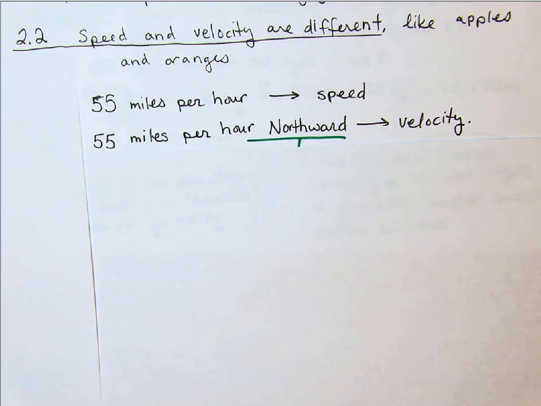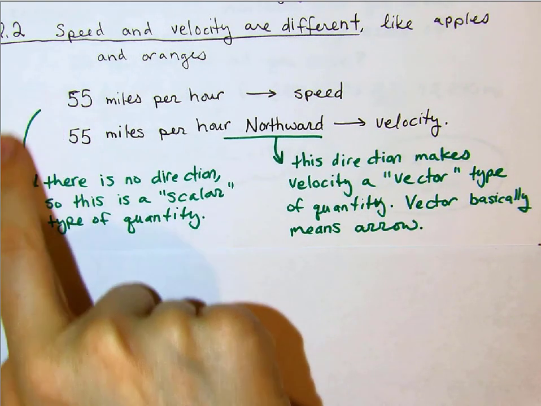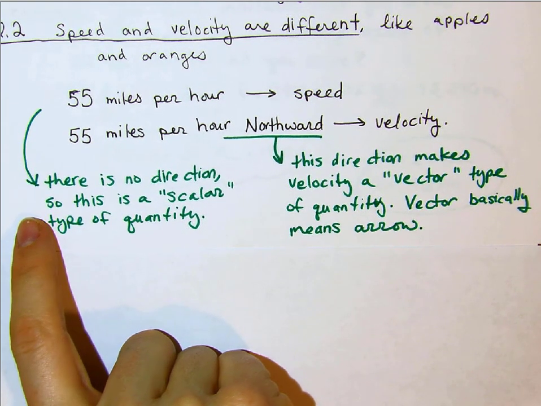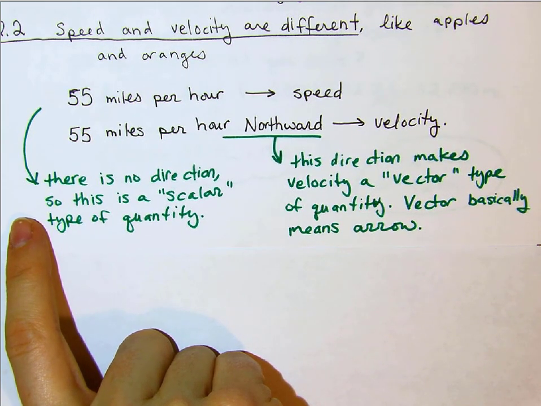So be careful. If a homework question or a test question asks what an object's velocity is, you're supposed to give a direction. Speed doesn't have a direction, and so we would call that type of quantity a scalar. Some other scalars are time, mass, and density.